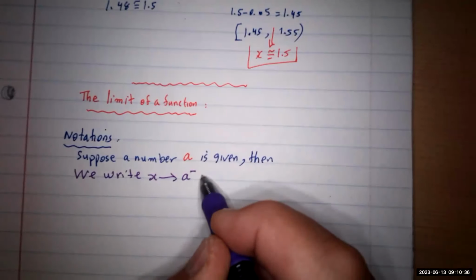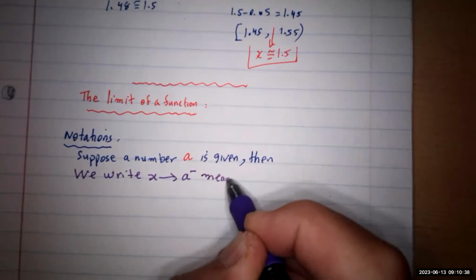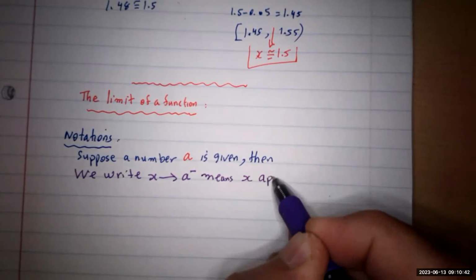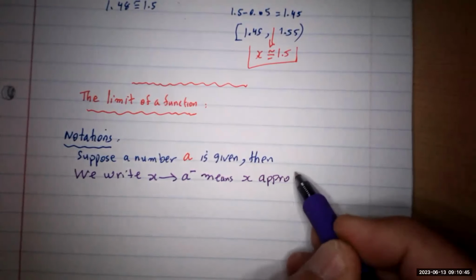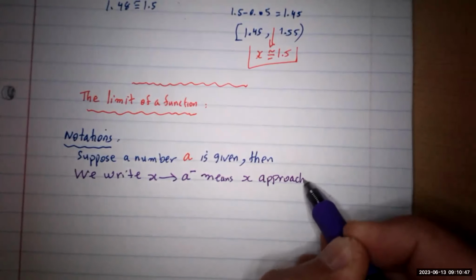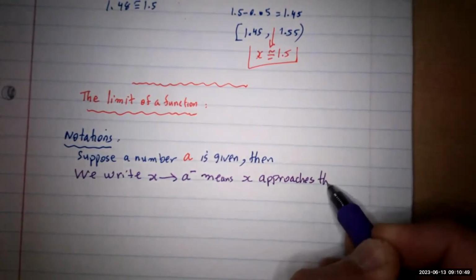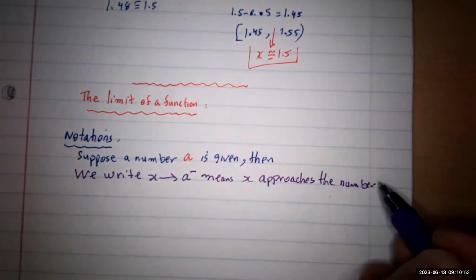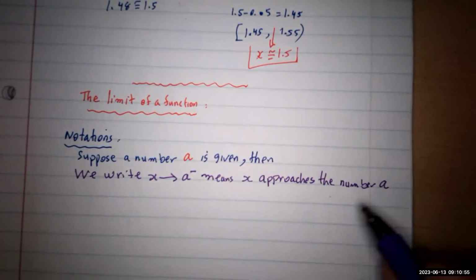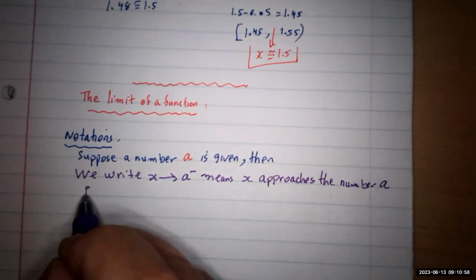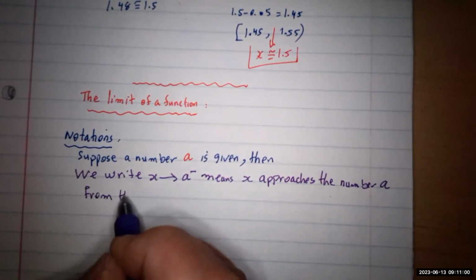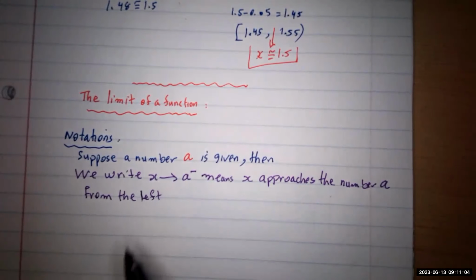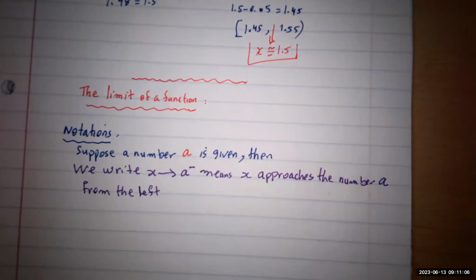So the expression is, we say that x approaches the number a from the left. So it's not a sign, it's a direction. Left.